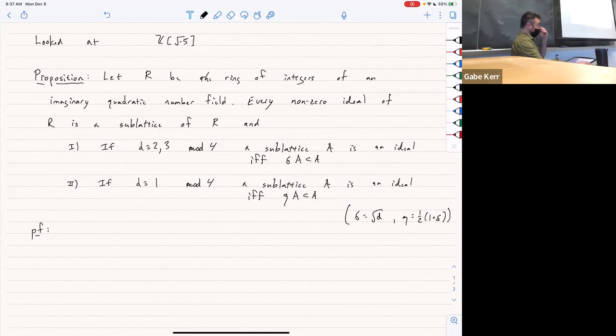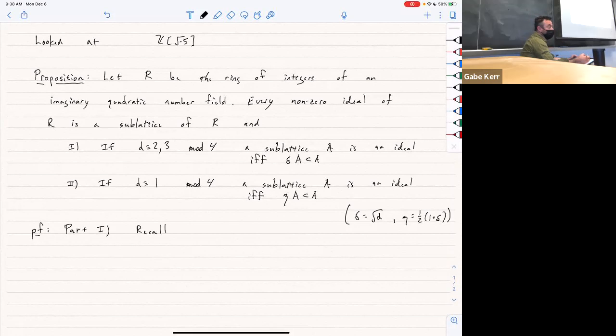All right, so let me throw this to you, this type of proposition, and ask, how do you prove something like this? Verify this. Take part 1, and let me get us started. So for part 1, recall what R is.